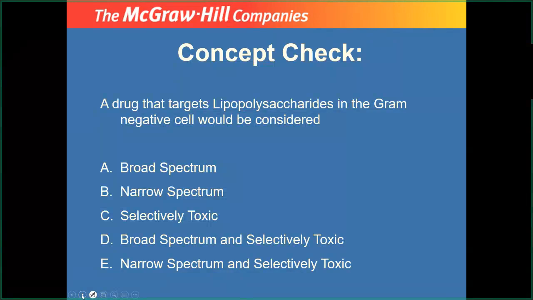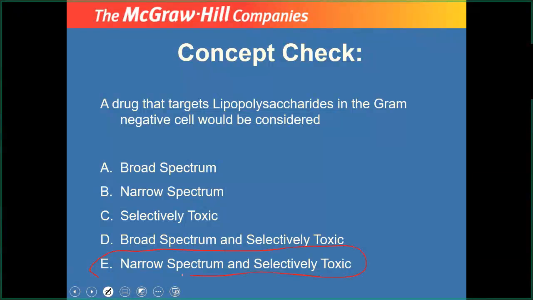If it targets just those, what would we consider that? Would that be broad spectrum, narrow spectrum, selectively toxic? Then you got those combinations of those. And the answer should be E, narrow spectrum and selectively toxic. That's what we're going with there.